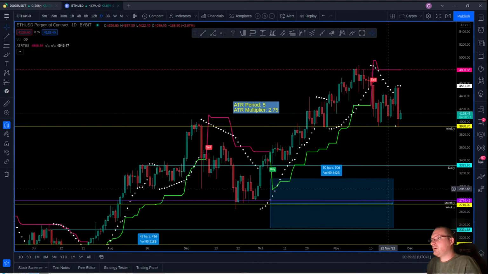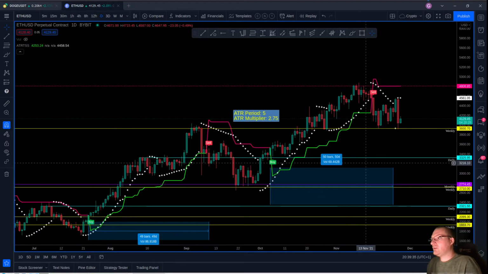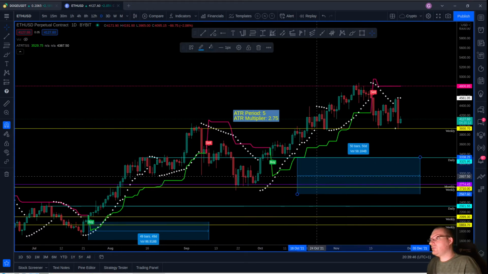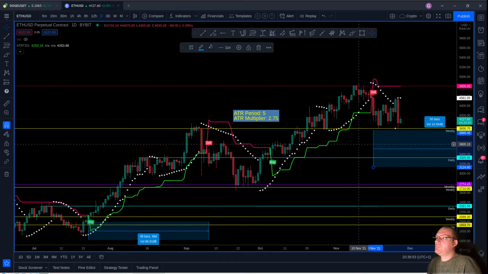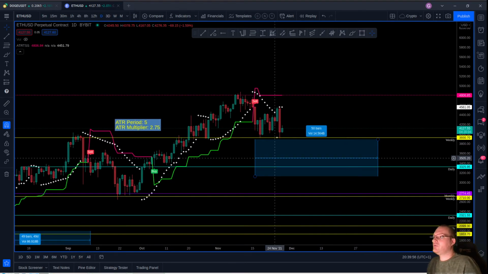And then for Ethereum, we are on average 50 days in a trade. So here on the buy side, it was shorter. Let's move this one. Here we have the sell side. So it doesn't mean that we will go down for another 50 days.